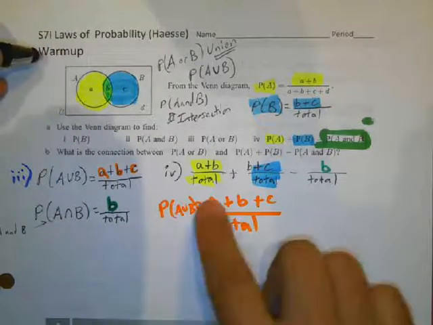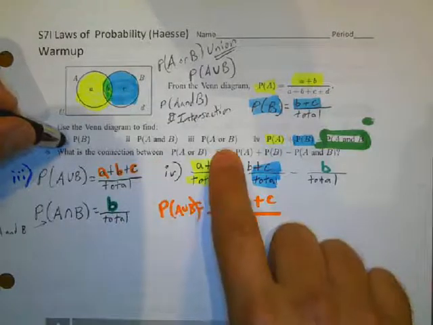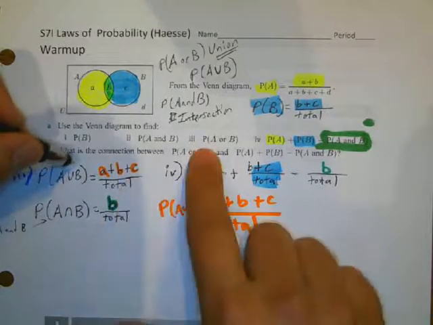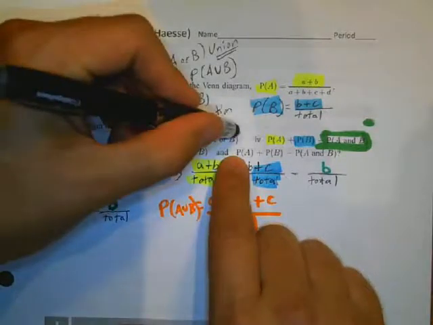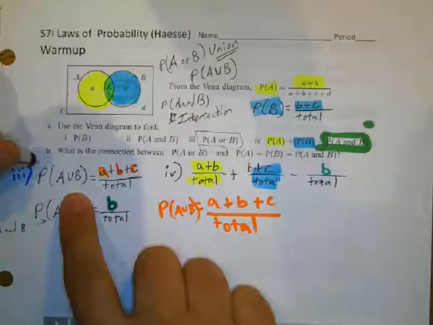So in part II, they asked for the probability of A or B, and so A or B is this.